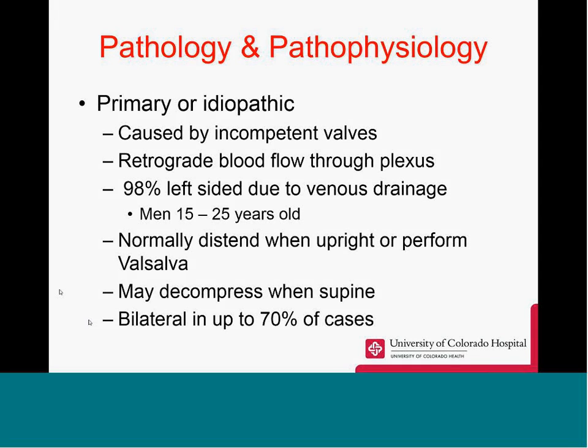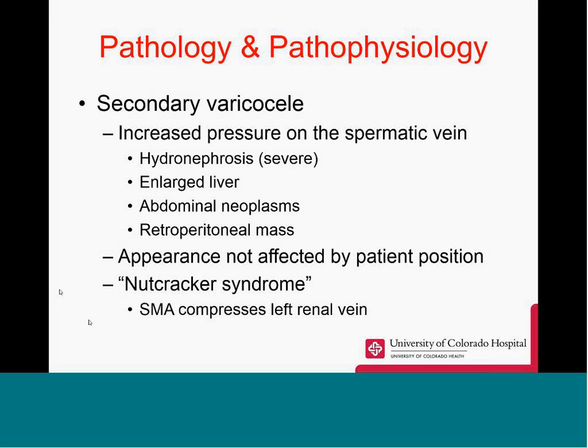This pampiniform plexus may decompress when supine, so you definitely want to perform different maneuvers to demonstrate what you need. And approximately 70% of cases are bilateral. The secondary type is caused by an increased pressure on the spermatic vein.